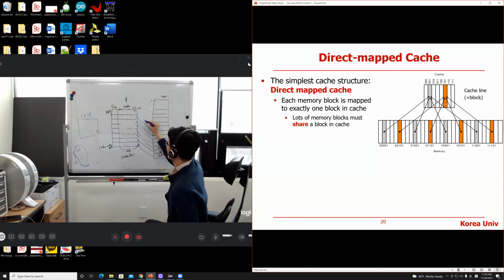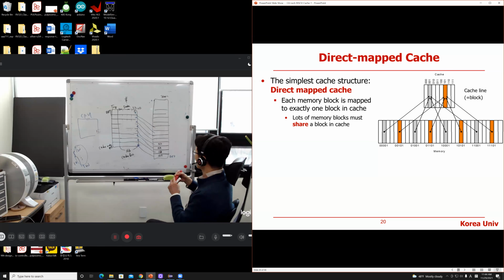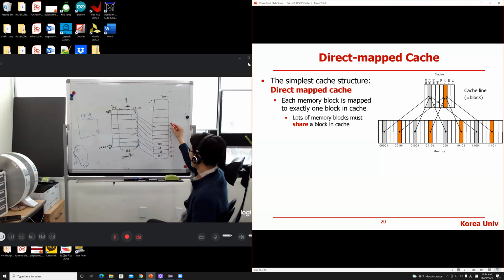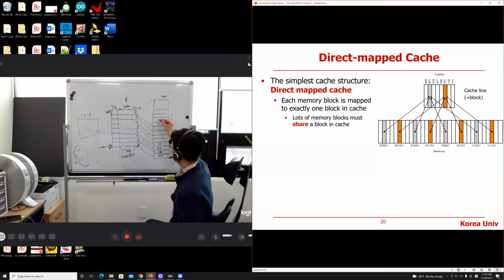Too many. Okay, then this memory block number 0, 1, 2, 3, 4, 5, 6, 7, 8, 9, 10. Then that memory block is mapped by wrapping around, right? Like this, simple.